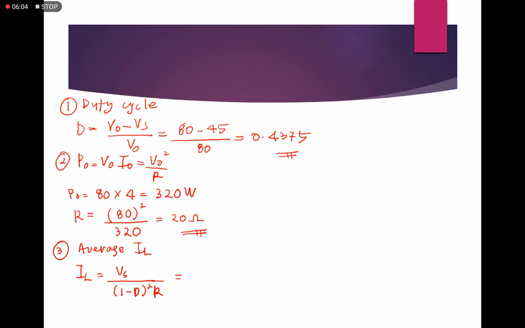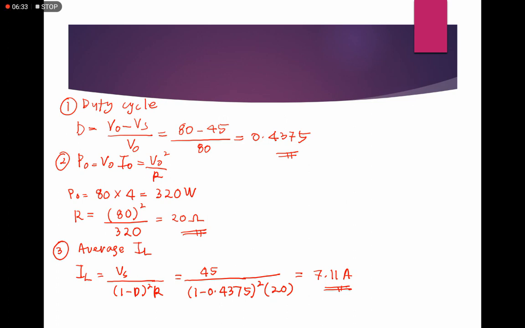So 45 over 1 minus 0.4375 to the power of 2, then you multiply by 20 ohm. So you get your average inductor current IL will be equal to 7.11 amp.